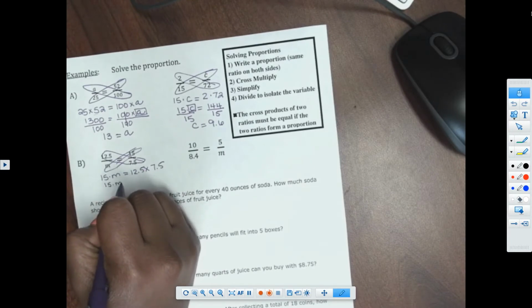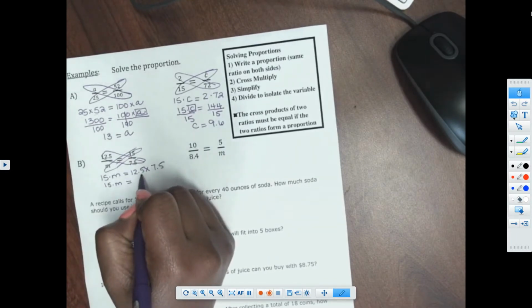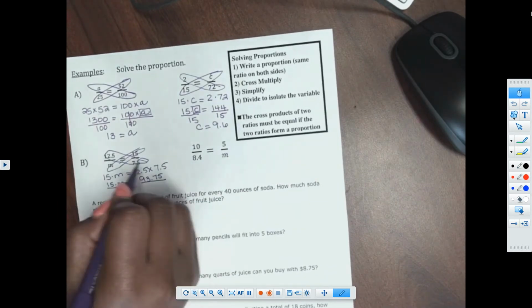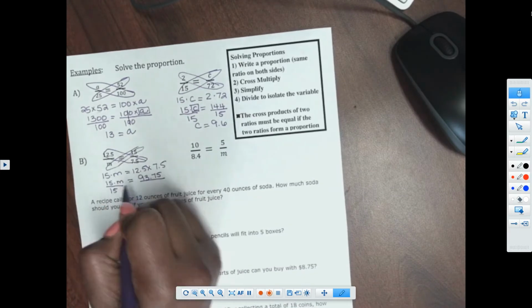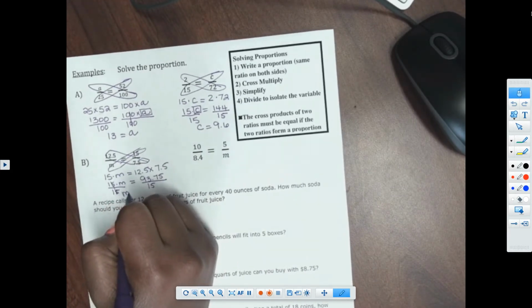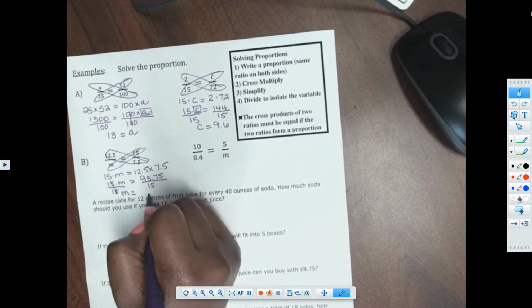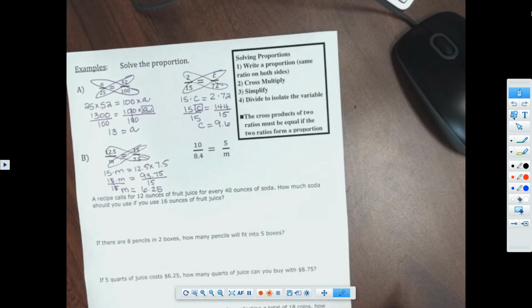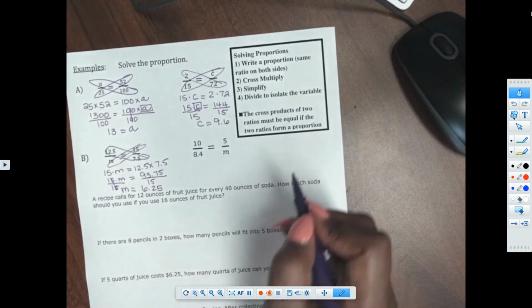So I have 15M on this side, and on this side, I have 93.75. Divide both sides by what? The number next to the variable. So you divide both by 15. This is going to give me 1, leaving me with M. And on this side, I'm going to end up with 6.25.